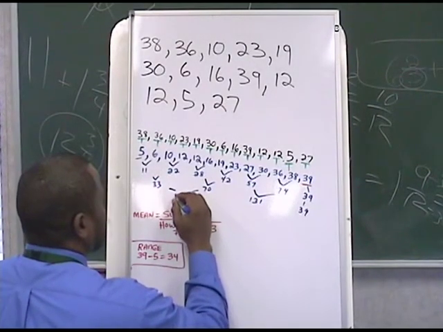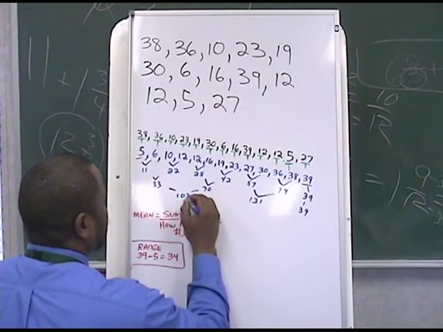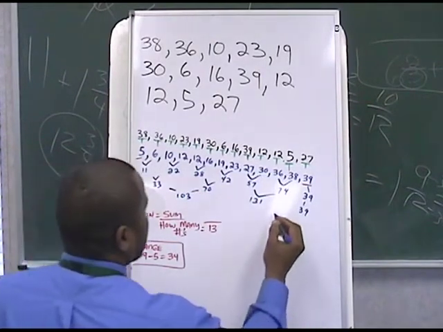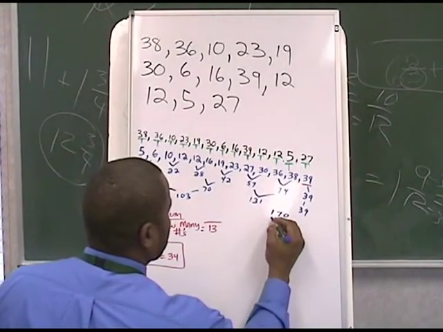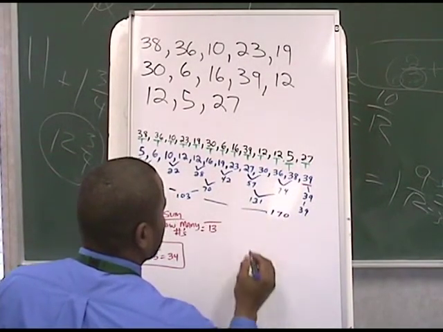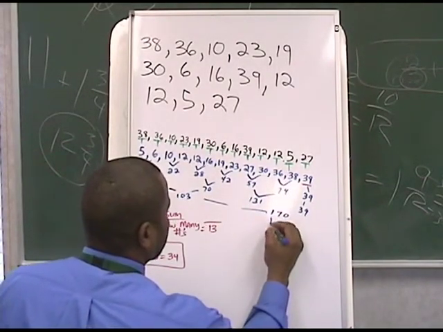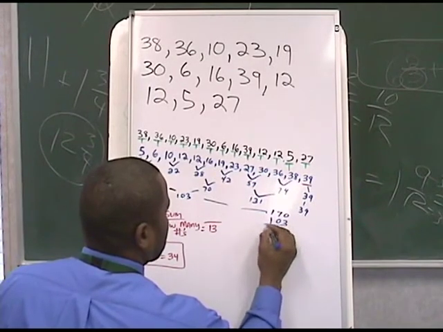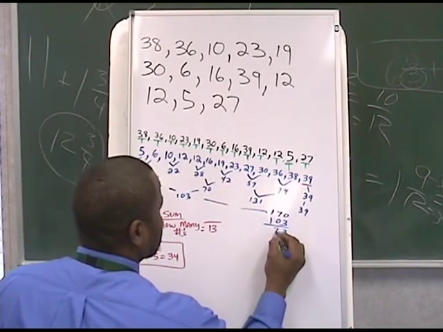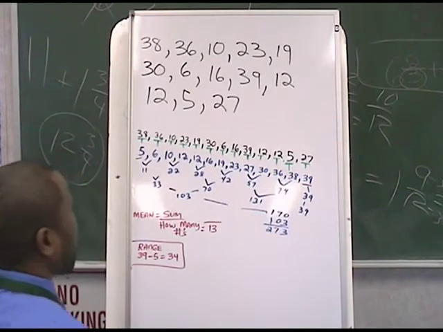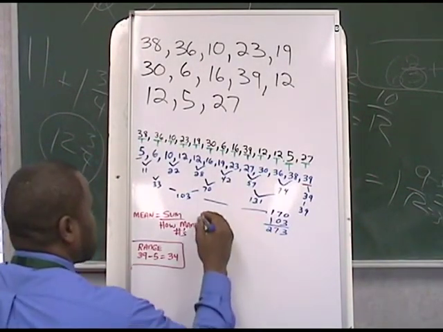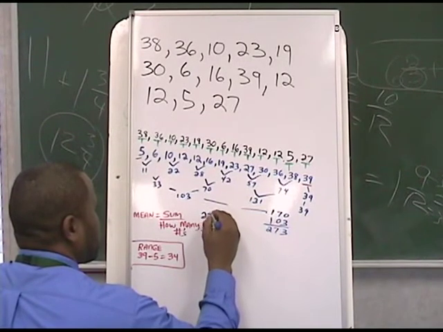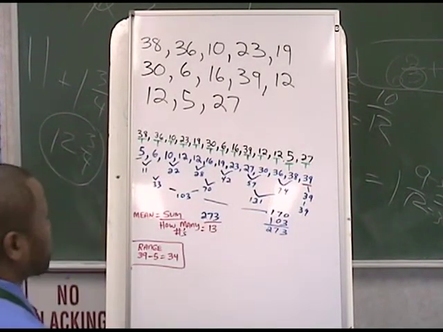We have 103. And here we have 170 and 103. We add these together, 170 and 103. I'll just do this so you can see it. 3, 7, 2. So now the sum is 273.